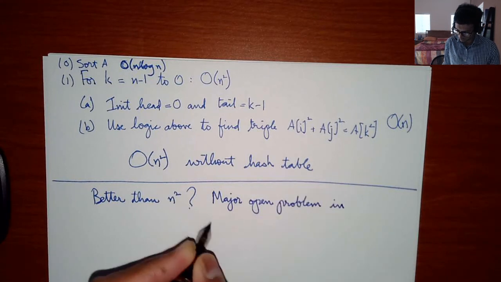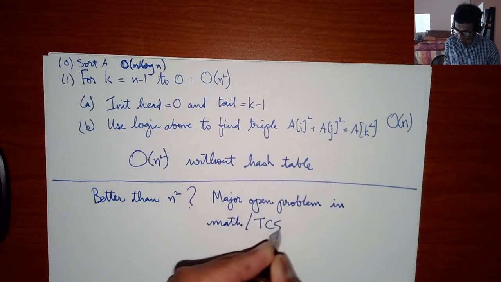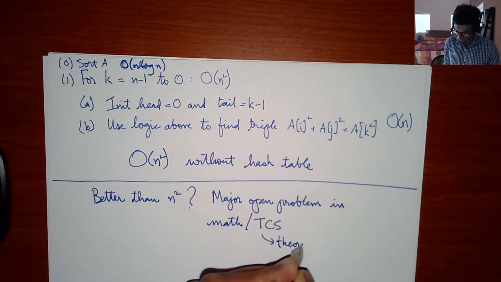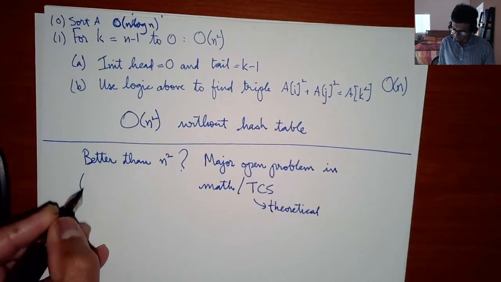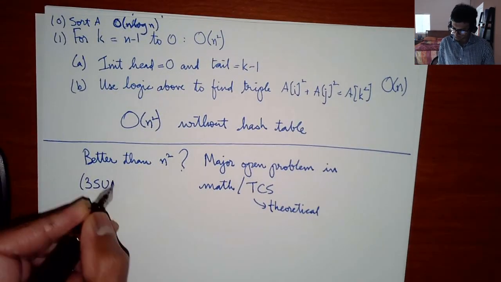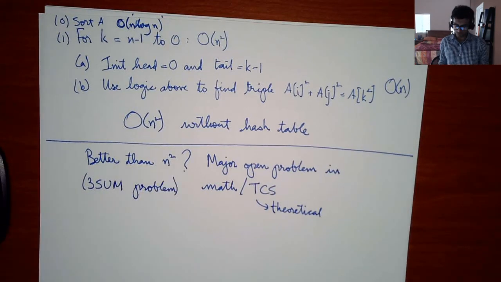In math, I'll say TCS, where T is theoretical. And this is actually referred to as the 3-sum problem. Typically, it's phrased as follows, although it's essentially identical.